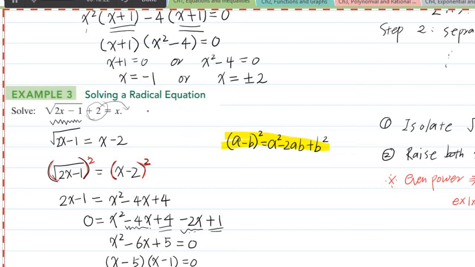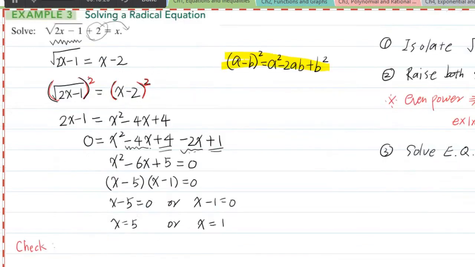Let's go ahead and work on this. Now we're going to check the answer. Okay, let's check the solution. Because we have x equals 5 and x equals 1, we're going to start with the check for x equals 5.